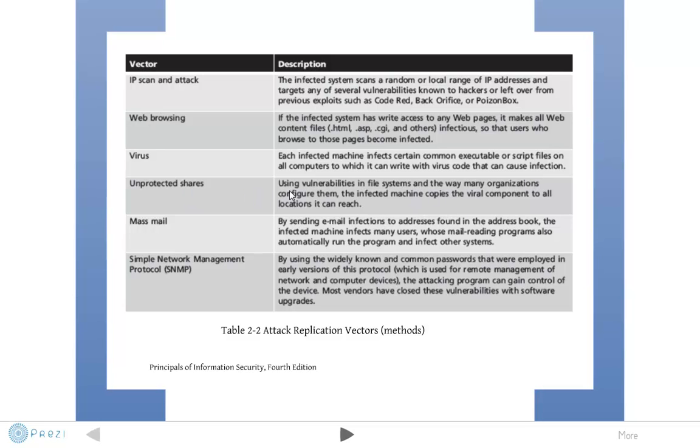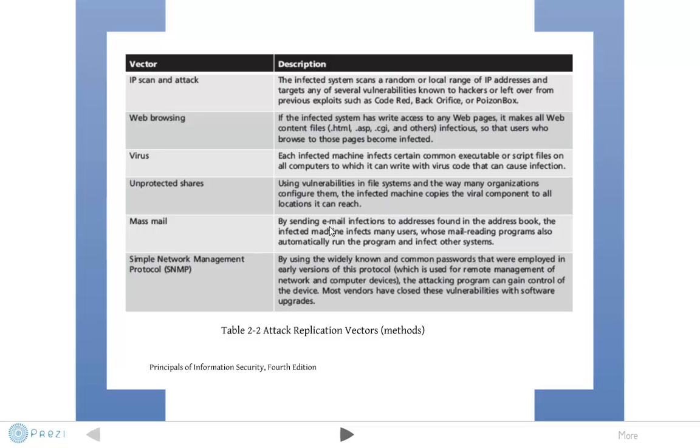Unprotected shares, using vulnerabilities in the file systems, the way many organizations configure them, the infected machine copies the viral component to all locations it can reach. So, a Windows computer can have mapped drives from multiple systems. And with a mapped drive, now this virus or the file executable gets put onto external shares. Other people, as they have mapped those shares, they will double-click, execute, and in fact, they'll spread the virus.